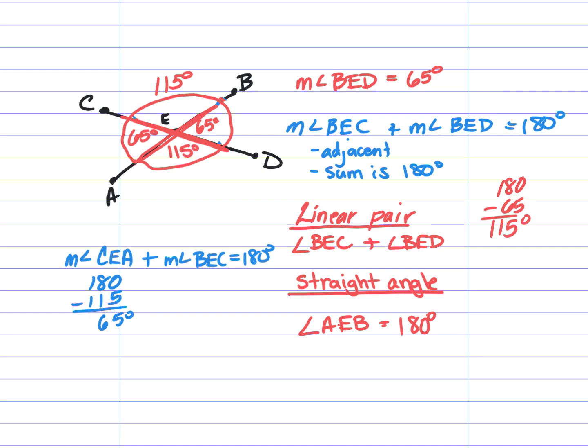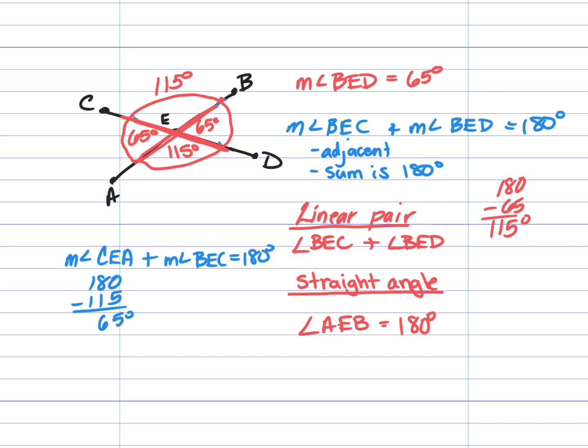All right, so now we have our picture filled in. Angle BED is 65, angle BEC is 115, angle AEC is 65, and angle DEA is 115.